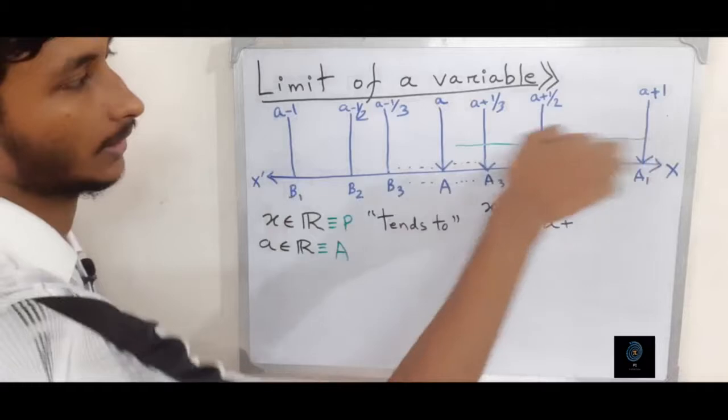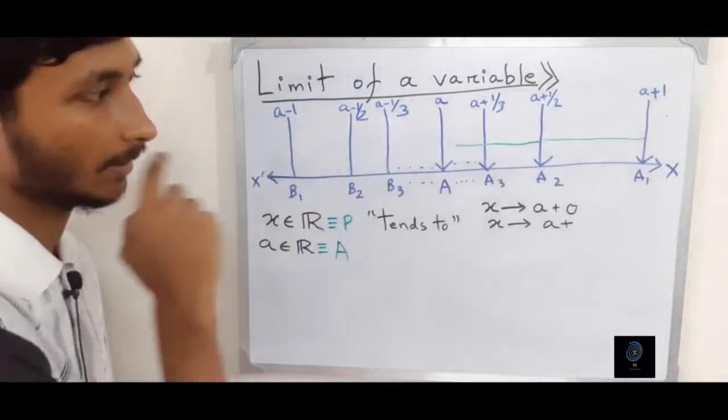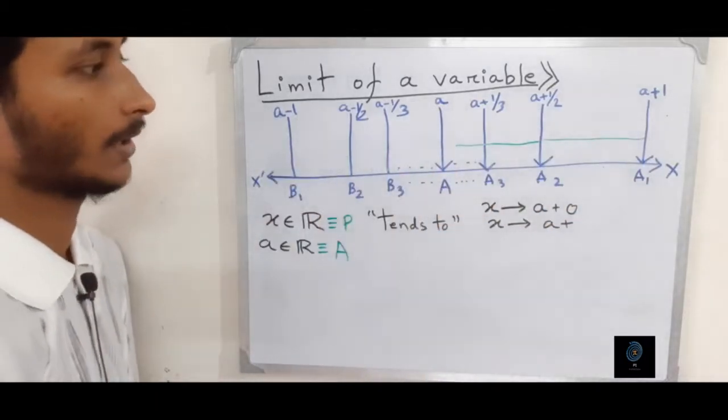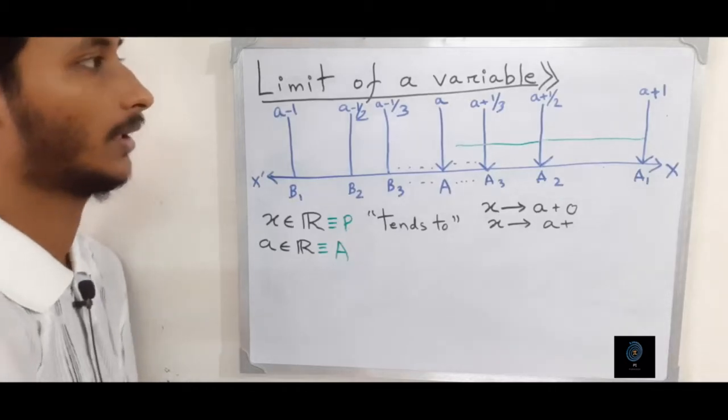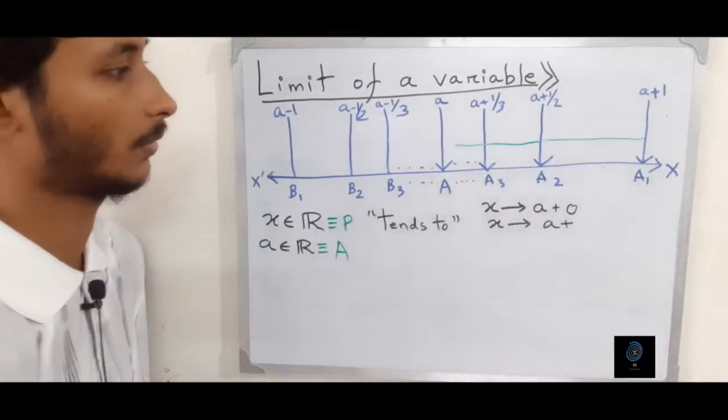From our right hand side, x is approaching the value a, but it never touches a. So we say x approaches a from the right hand side, or x approaches a from a larger value.